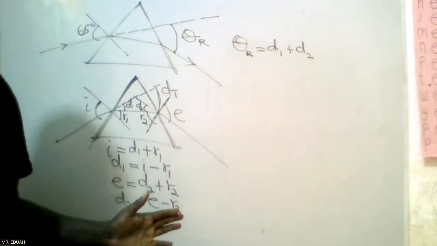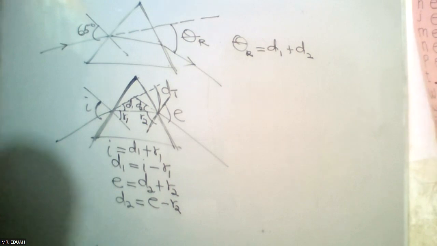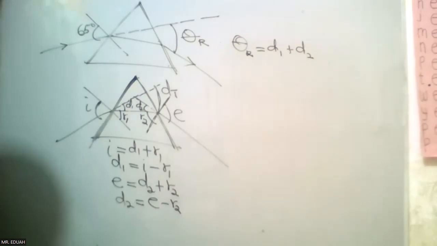Sir, when you look at it with geometry, the normal makes 90 degrees with the incidence ray, isn't it? So we can find the angle of refraction, subtract it from 90 degrees, and then get the angle of deviation.